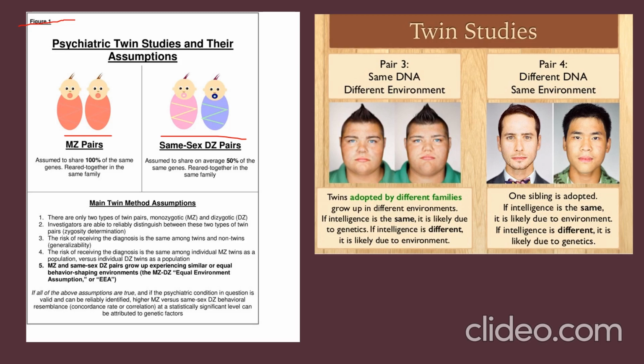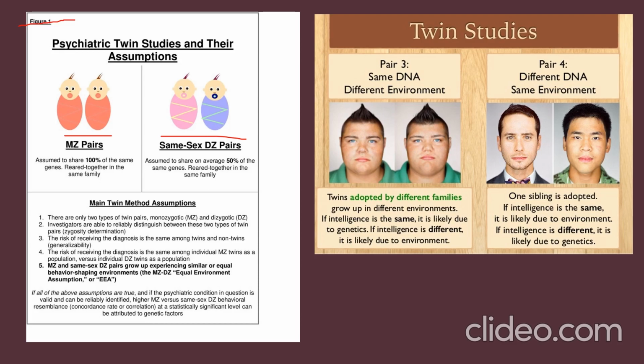MZ and same-sex DZ pairs grow up experiencing similar or equal behavior shaping environment. If all of the above assumptions are true, and if the psychiatric condition in question is valid and can be reliably identified, higher MZ versus same-sex DZ behavioral resemblance at a statistically significant level can be attributed to genetic factors.